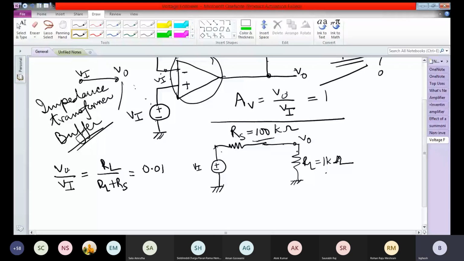So therefore V0 is 100th of Vi. Almost the entire source voltage is spent in the drop across this resistance, leaving precious little at the output to drive this load.